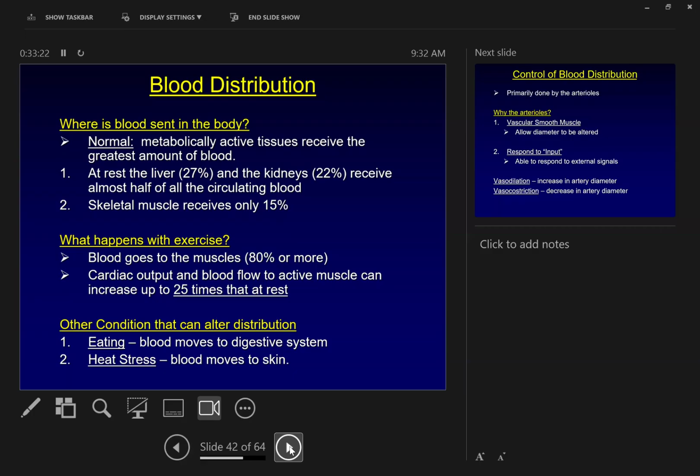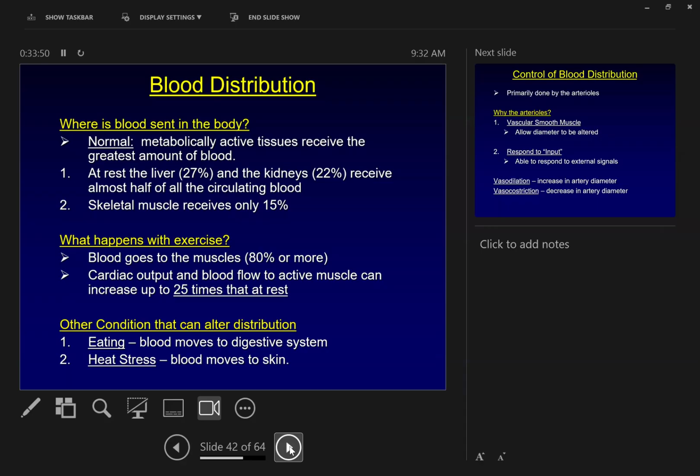So exercise does two things, and they work collectively to send a whole bunch of blood to skeletal muscle, which is a really good thing. You shift to where the muscles get most of the blood, but also by increasing cardiac output, you're sending more and more blood total through the system that's also primarily going only to skeletal muscle.